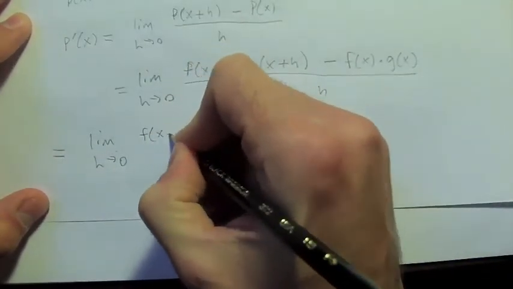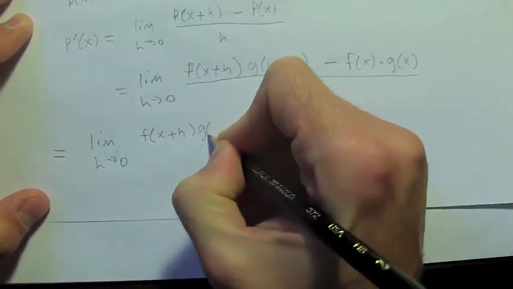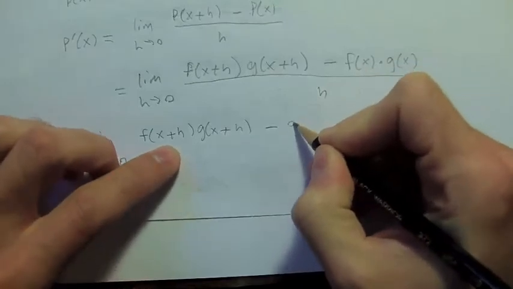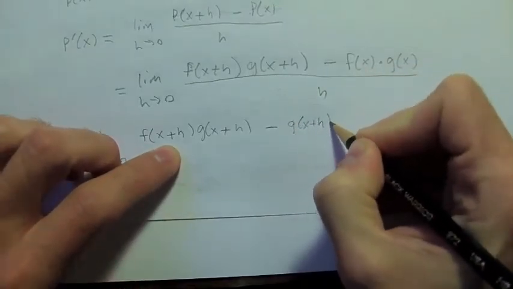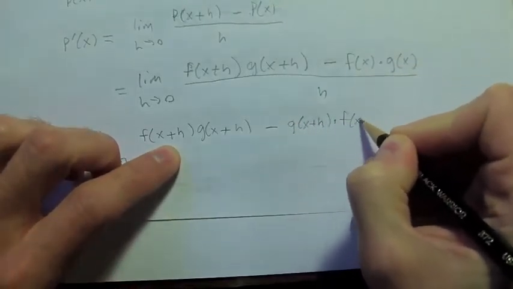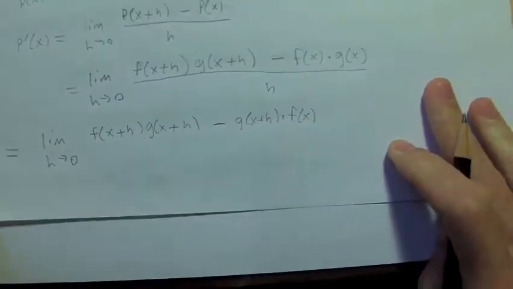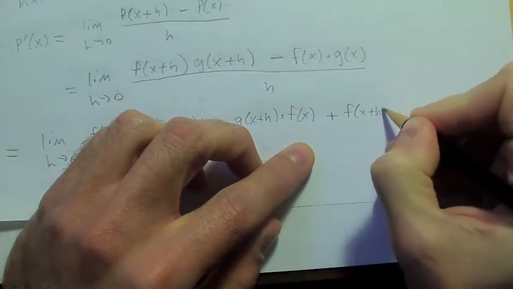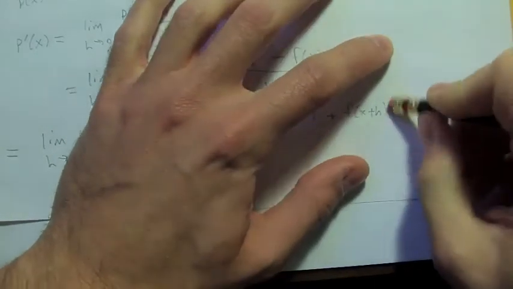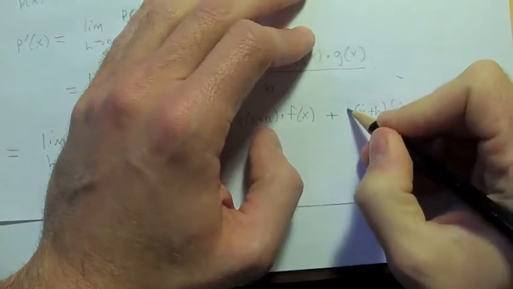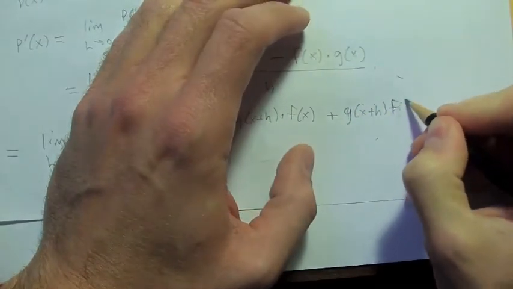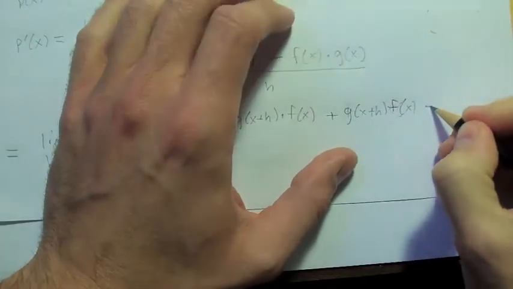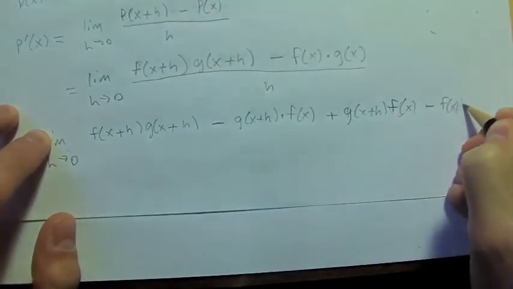So what we're going to do is subtract g of x plus h times f of x, and also add it. It should be the same thing, g of x plus h times f of x. And then I will have minus f of x, g of x.